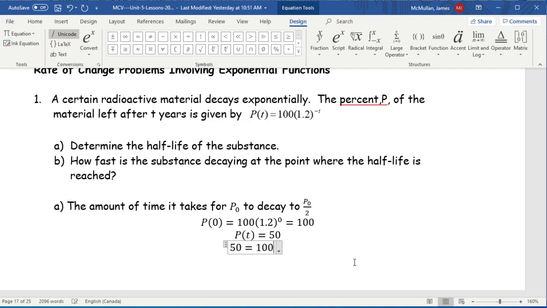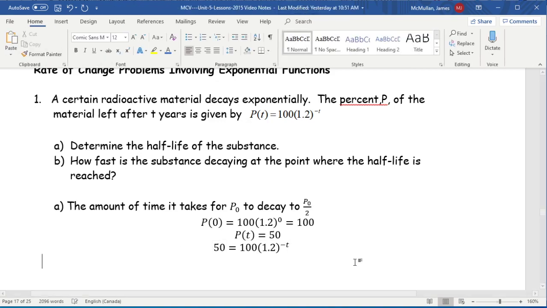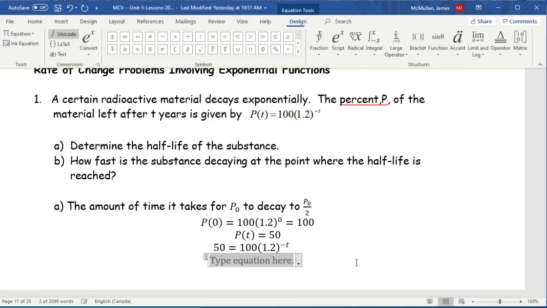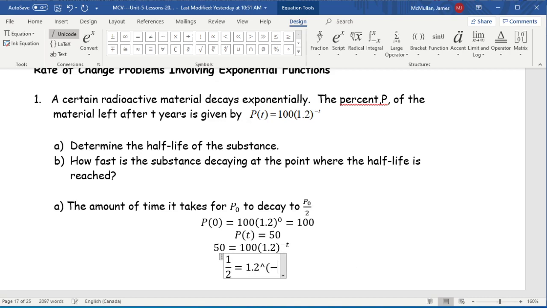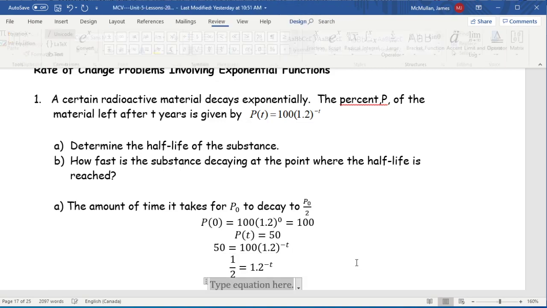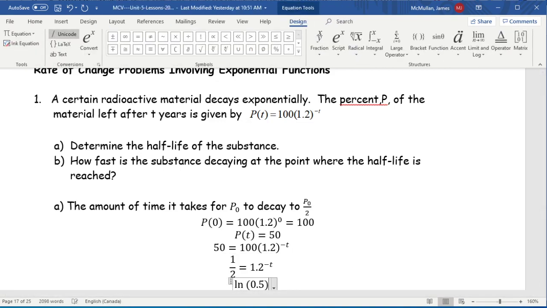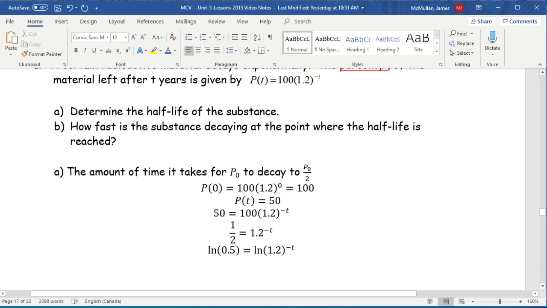100 times 1.2 to the power of negative t. And then we're just going to solve it. We actually don't need any calculus to do this, but we'll do it just to show. The 100 goes over to the other side. You get 1/2 equals 1.2 to the negative t. Then you take the natural logarithm of both sides. Again, you could take the regular log of both sides if you want. Sorry, that isn't quite clear.